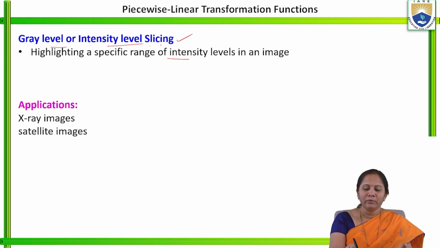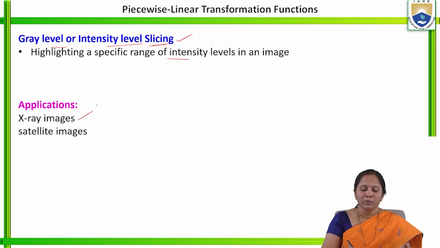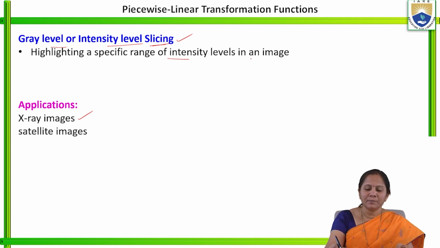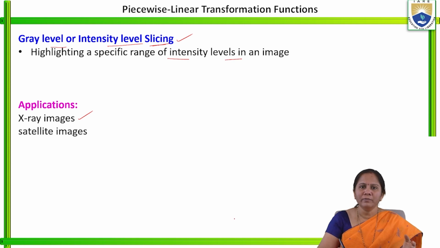This type of transformation can be applied in applications like X-ray images. For example, if we want to identify any flaws in X-ray images, those flaws will be highlighted with a specific range of intensity values. Only that particular flaw will be highlighted.